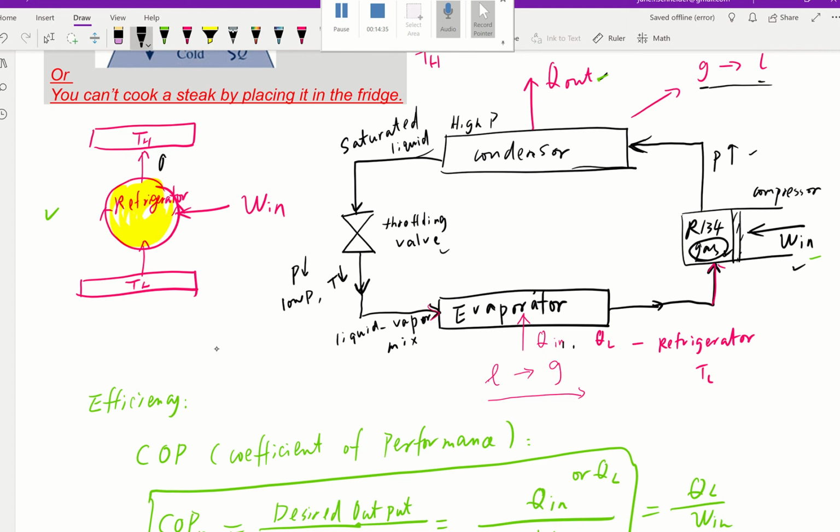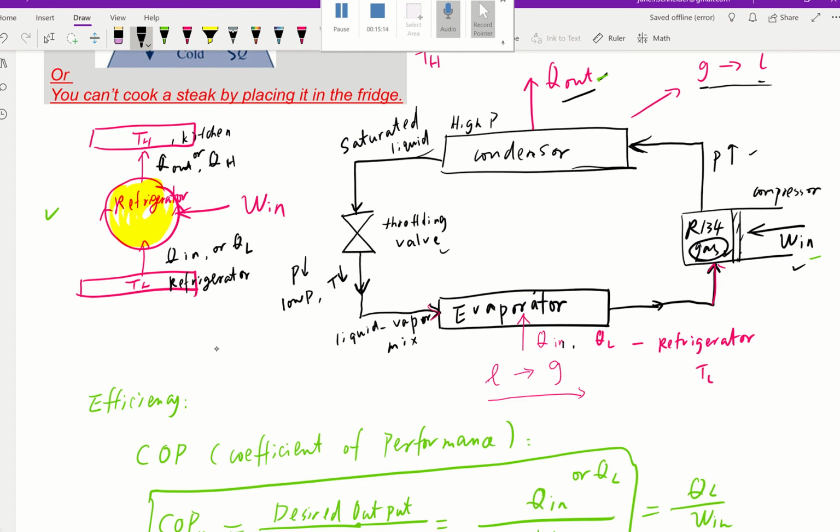So this is the hot reservoir, that's our kitchen, and that's going to be Q out, which we call QH, the higher temperature reservoir. And here we need to take out heat from the lower temperature reservoir, that's our refrigerator space. That's going to be Q into the system, and that we call QL. That's the heat taken out from the lower temperature reservoir.